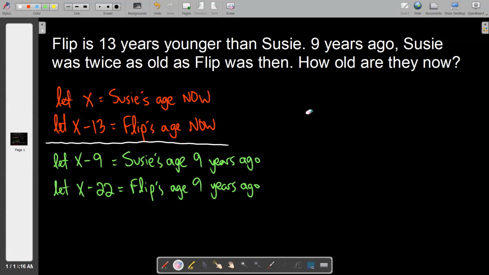And now we're going to write an equation based off of this fact right here. I'll underline it in blue for you. 9 years ago, so we know we're using the green variables, Susie was twice as old as Flip was then. That whole sentence reeks of everything's in the past tense. Use the green variables, only the green variables. And so how are we going to write that?